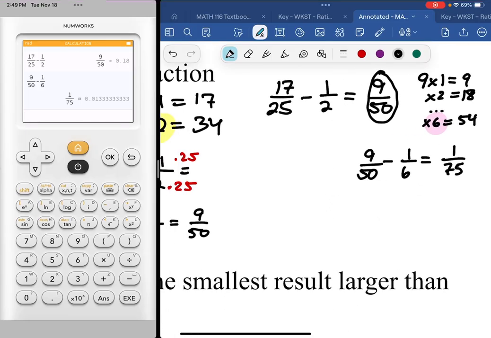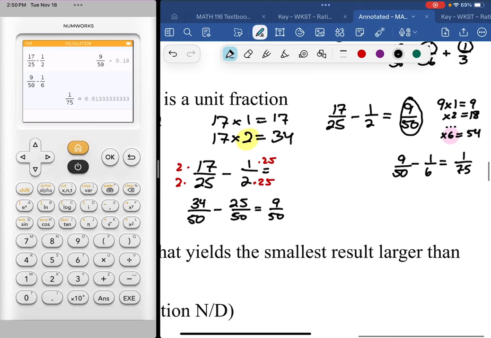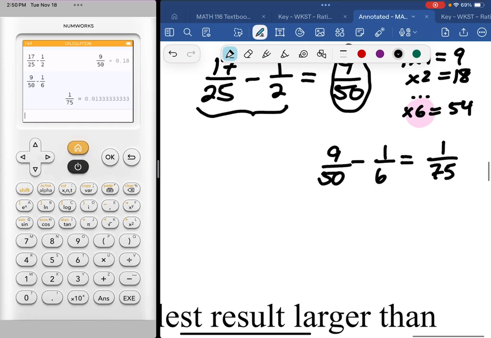All right. So that's a unit fraction, so I can stop finally, right? But I have to think about what I have here. So I have this being equal to the 9 over 50. Now, if I solve this equation by adding 1 over 6 to both sides, I don't actually have to add them. That would sort of defeat the purpose.